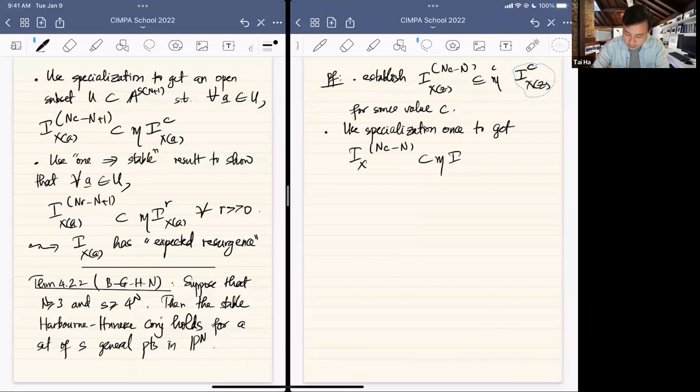The statement should be c n minus 1 I of X for a general set of points.